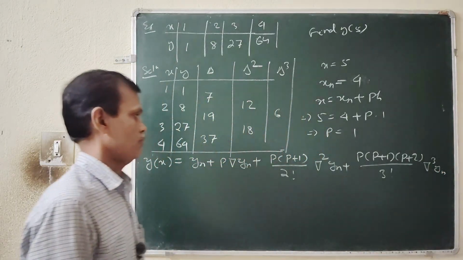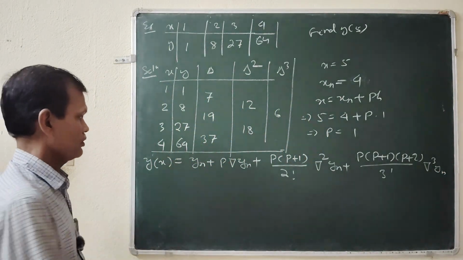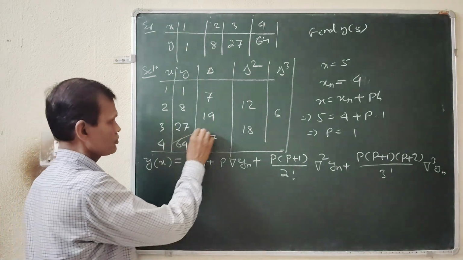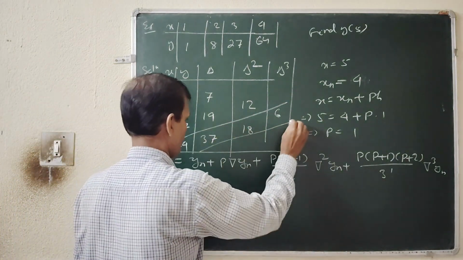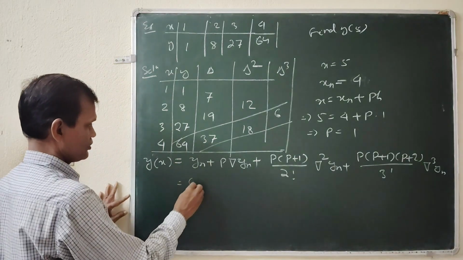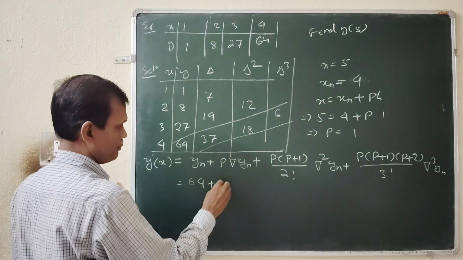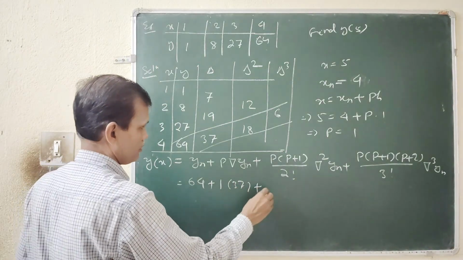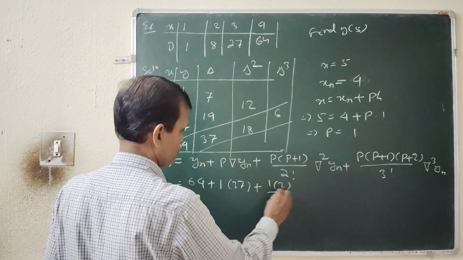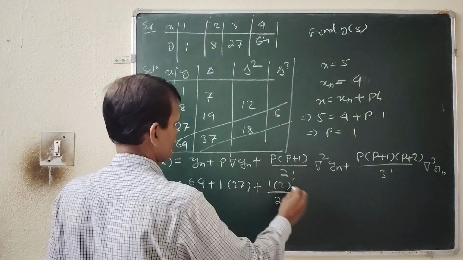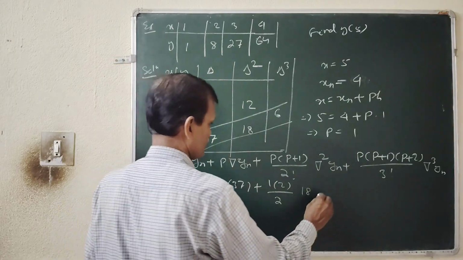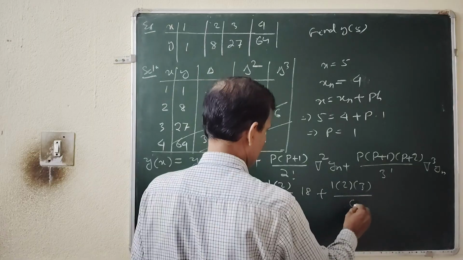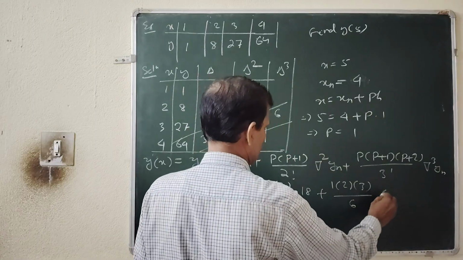So this is the formula. Then you just put in the values, going for the last data. yn is 64, plus p is 1 times backward delta yn, that is 37, plus 1 into 2 by 2 times backward delta square, that is 18, plus 1 into 2 into 3 by 6 times backward delta cube, 6.